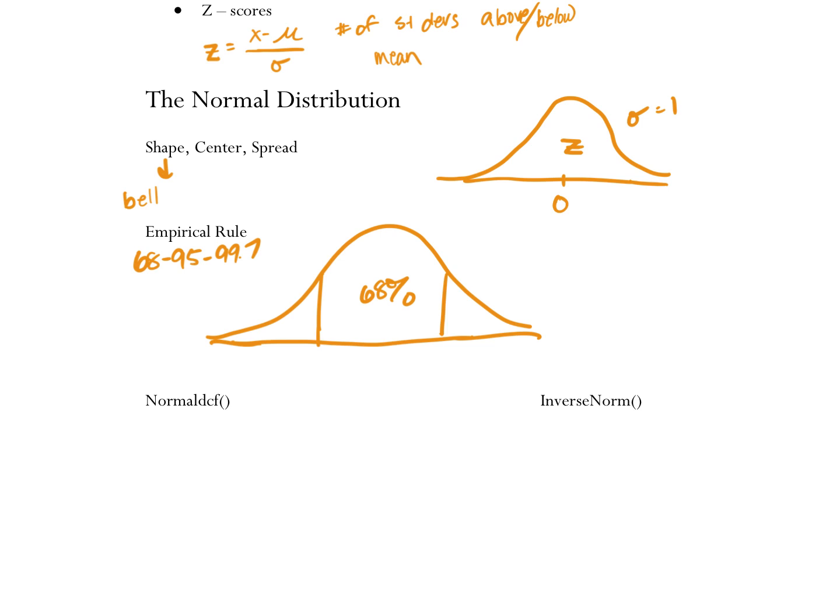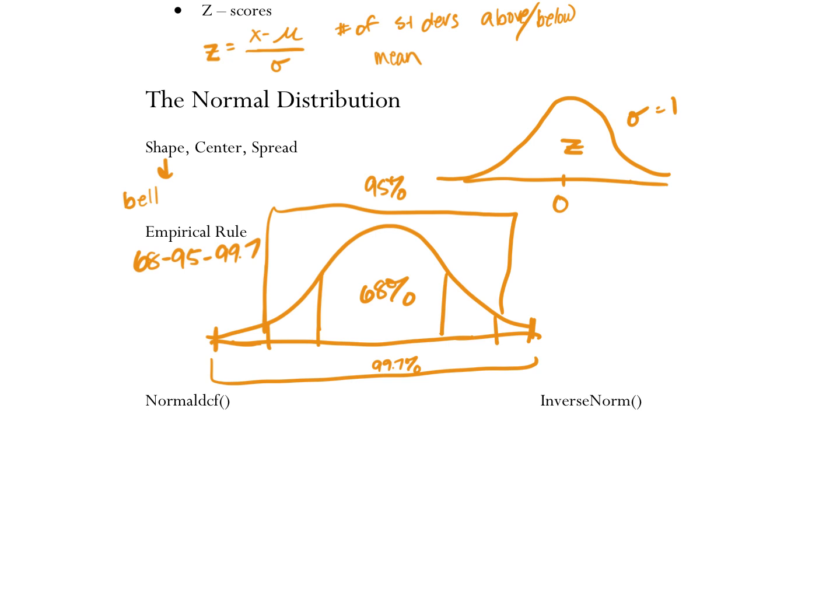If I go 2 standard deviations from my mean, 95%. Same 95% in between plus or minus 1.96. 2 standard deviations. 3 standard deviations, 99.7%.